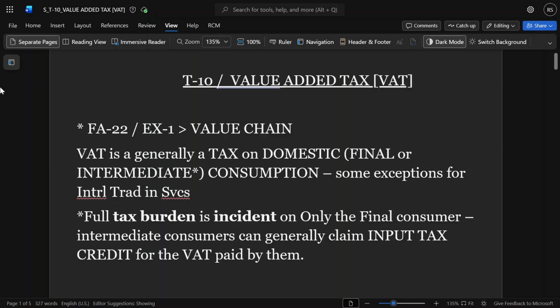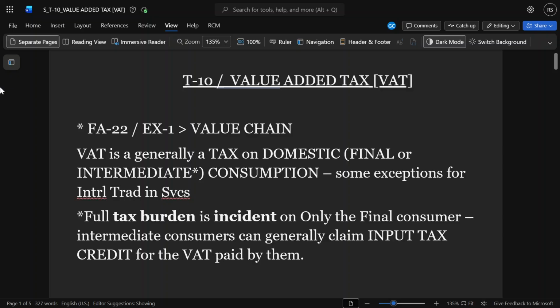So it's a tax on any kind of domestic consumption. That's why you notice I said final or intermediate. Intermediate consumption is when, let's say, Foxconn makes some iPhone parts and then sells them to Apple. Apple takes those parts and puts them into the iPhone itself. So Apple is an intermediate consumer, because it's not the final consumer.